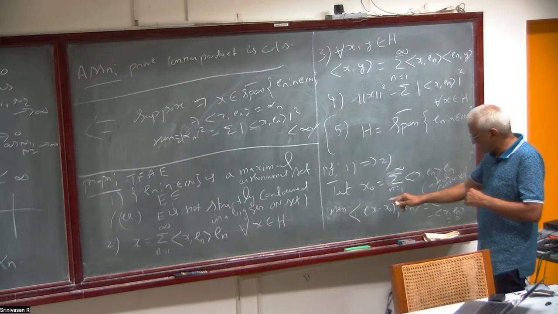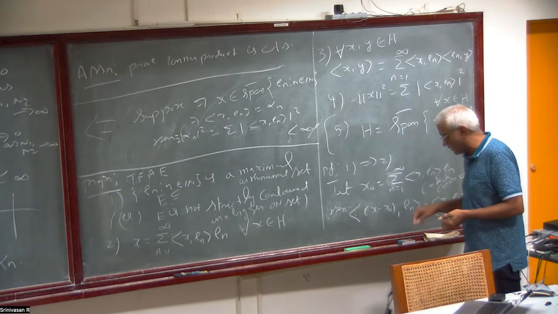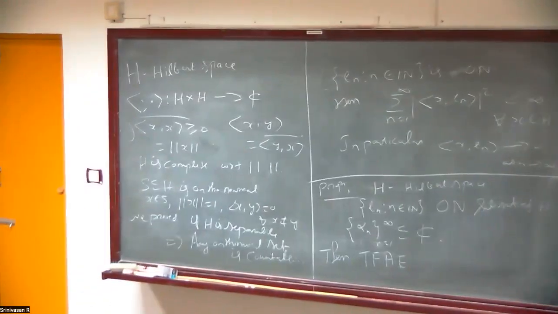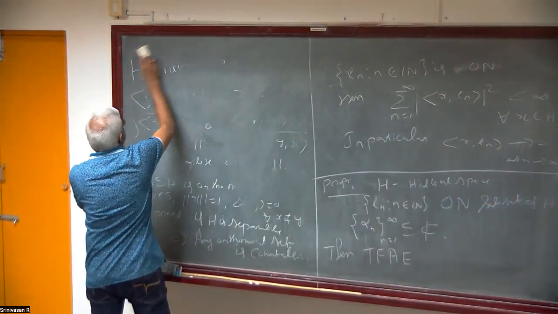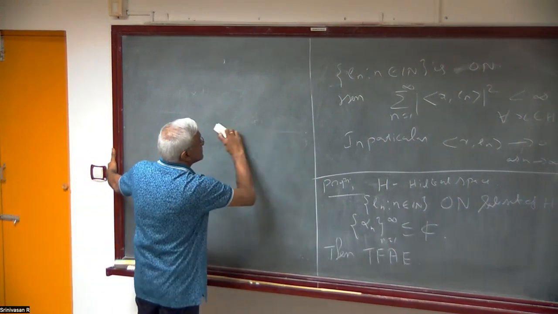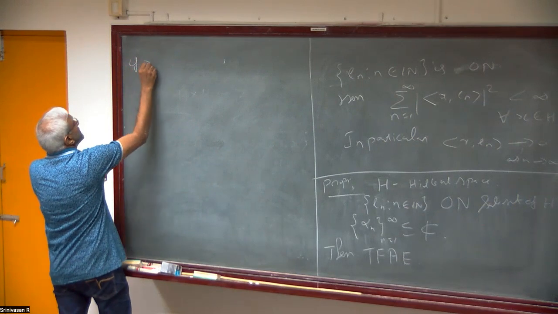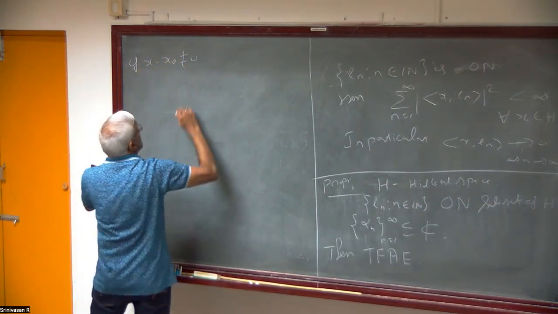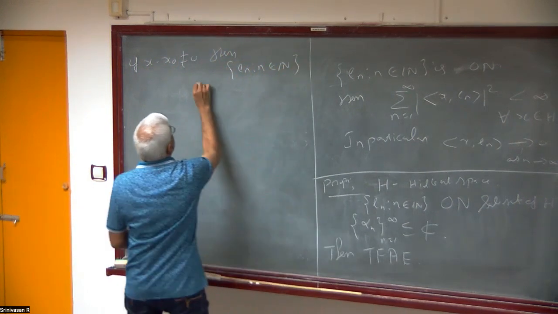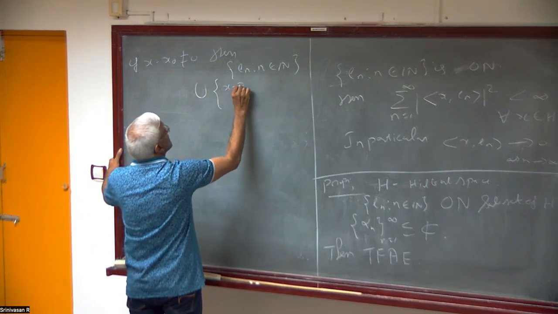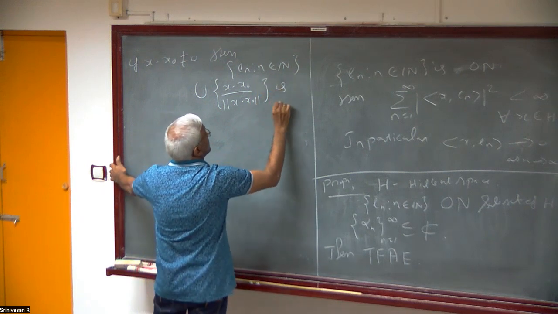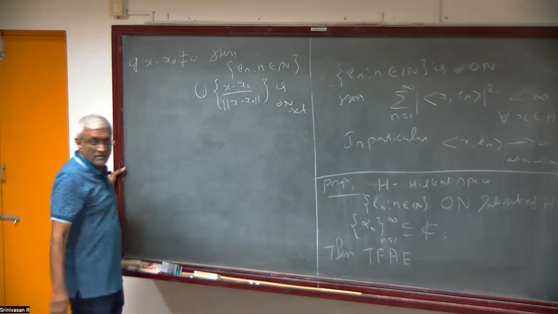Okay. And if it is not equal to 0, then you can have a bigger orthonormal set, right? If x minus x naught is not equal to 0, then En, n in N, union this set x minus x naught, maybe you want norm 1, so divided by norm of x minus x naught, which is not equal to 0, is an orthonormal set, which contradicts the maximality.